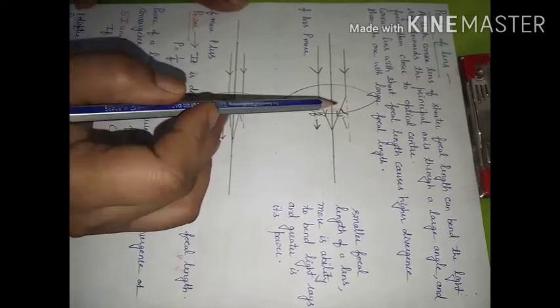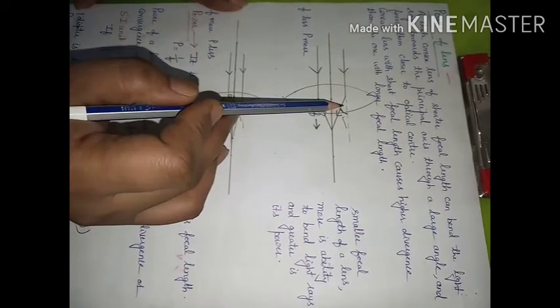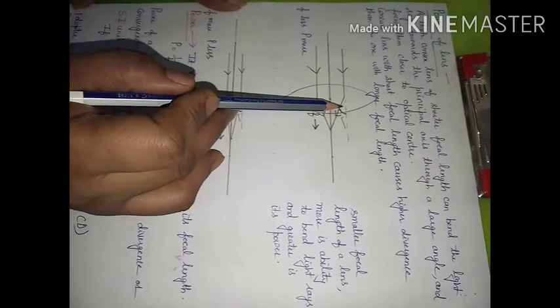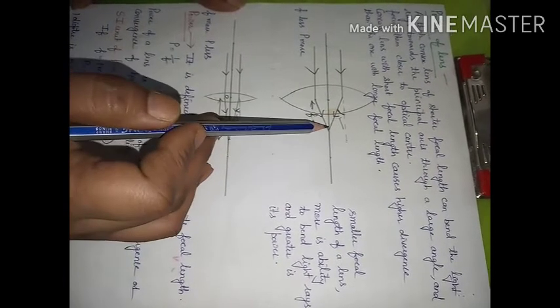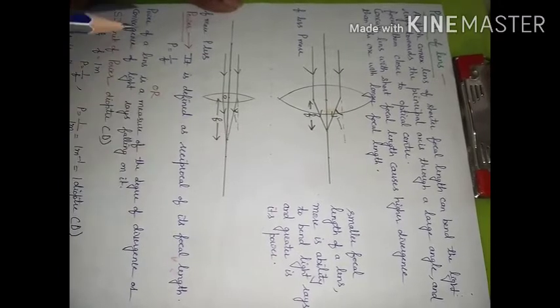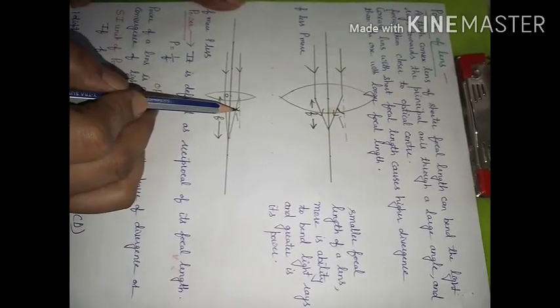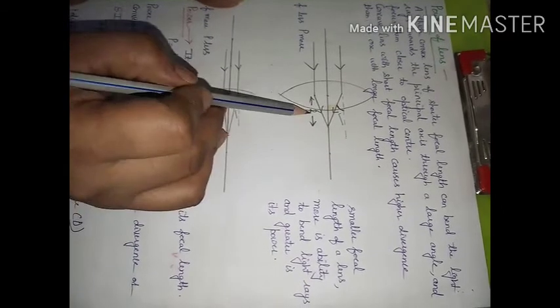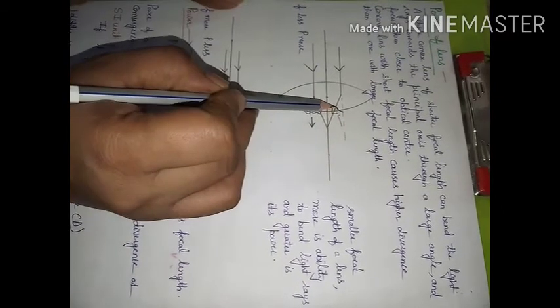It means bending capacity and focal length, they are inversely related with each other. If focal length will be more, then bending will be by less amount. If focal length is less, bending will be by large amount.